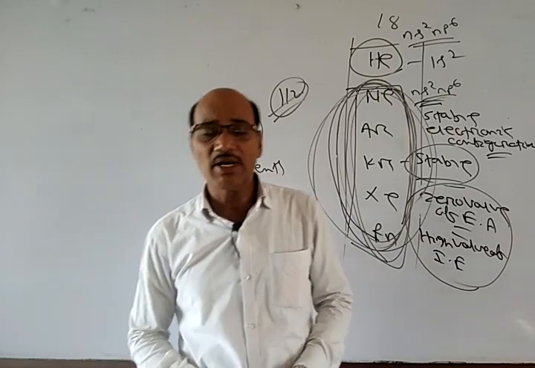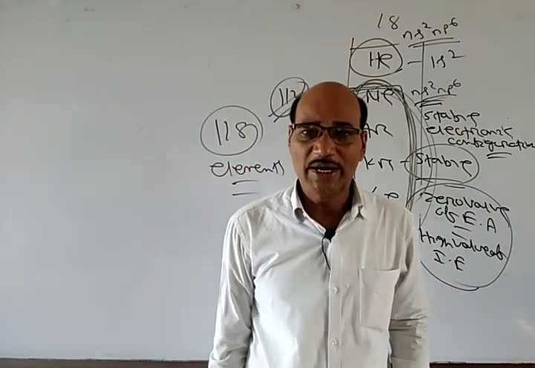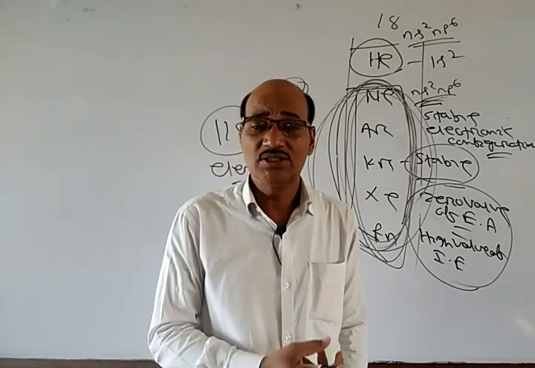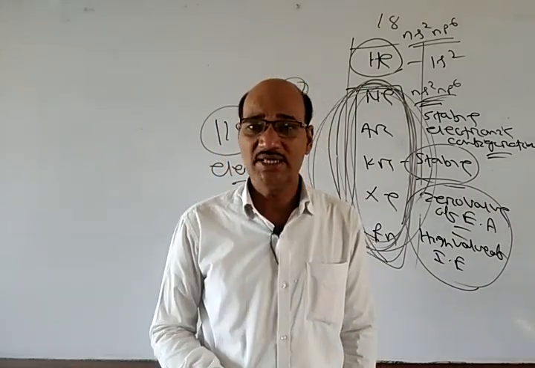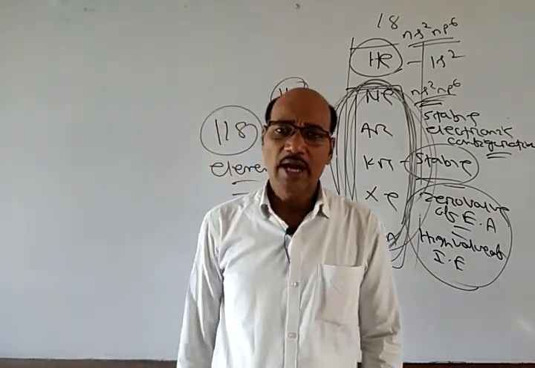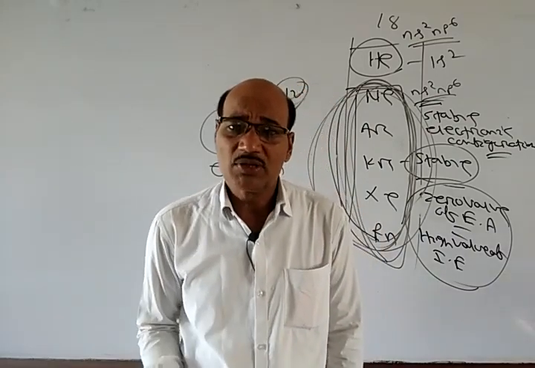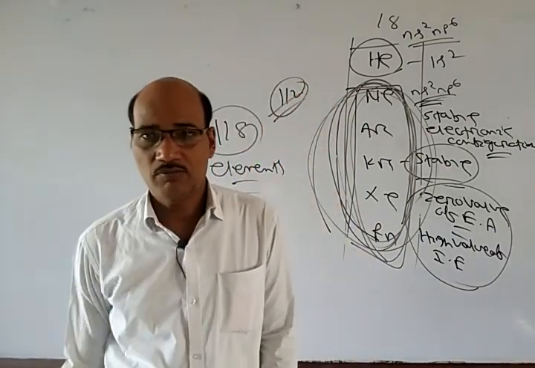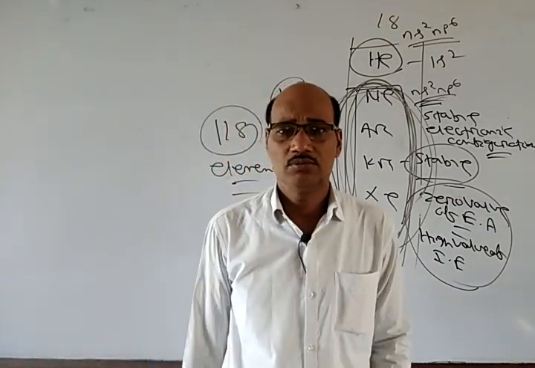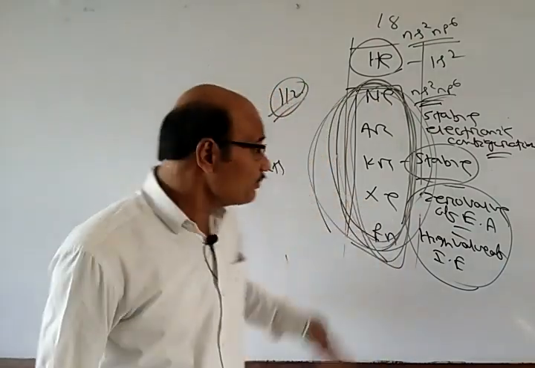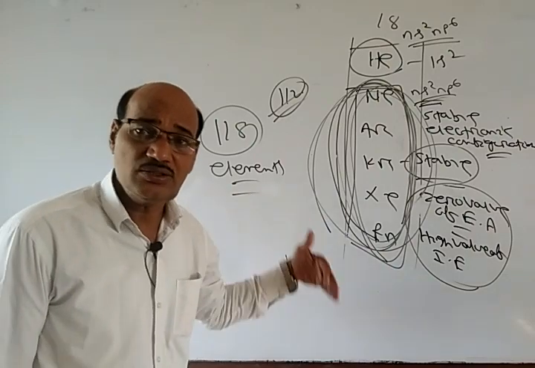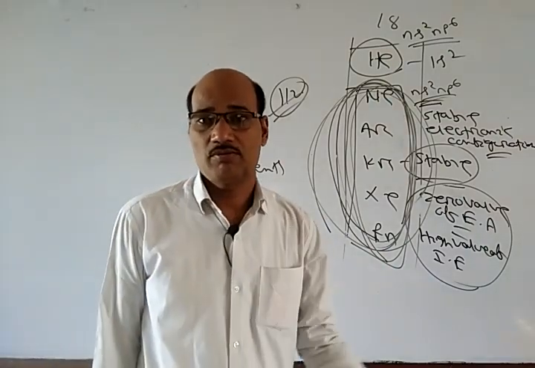If you consider elements like hydrogen, chlorine, nitrogen, oxygen, they are found as H2, Cl2, O2, N2, F2, and others are found in the form of different kinds of compounds. Thousands, billions of compounds are there. That means, excepting these elements, all other elements are always trying to combine with other atoms.